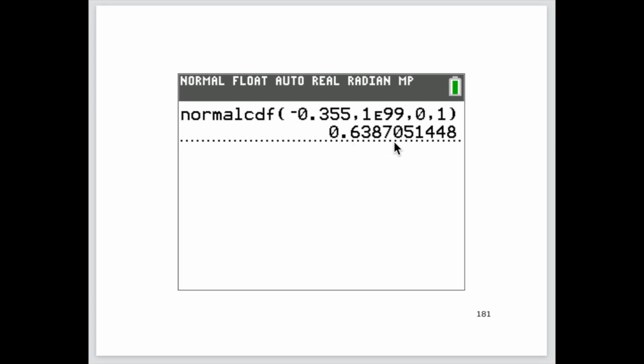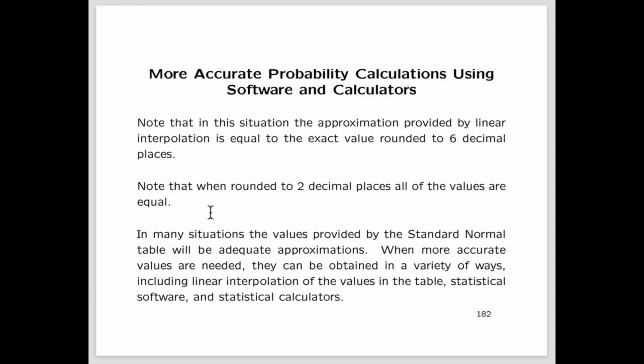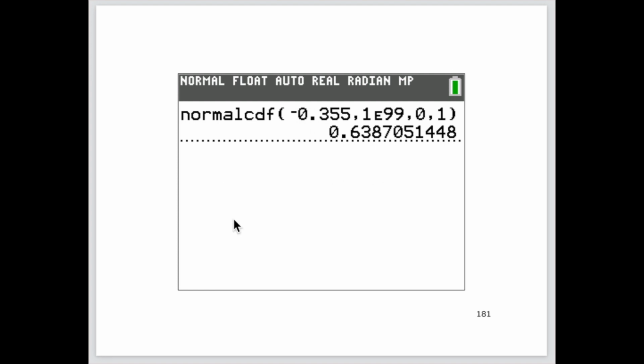If we round this exact value to 5 decimal places, then we get the same thing, 0.63871. Also, when we rounded to 2 decimal places, all of the values that we've done give us the same value, 0.64, regardless of which of the methods we use.